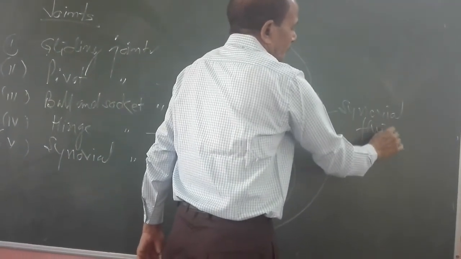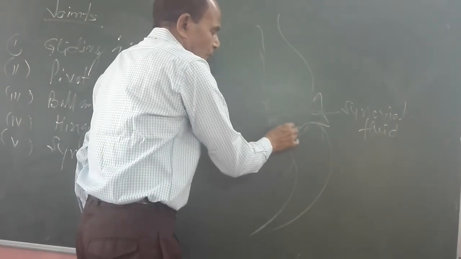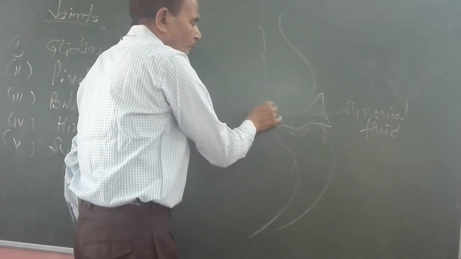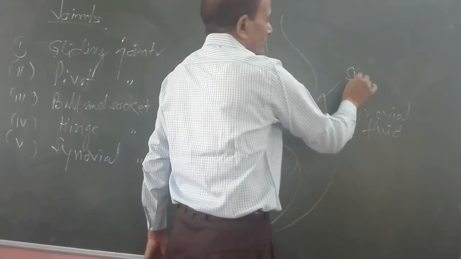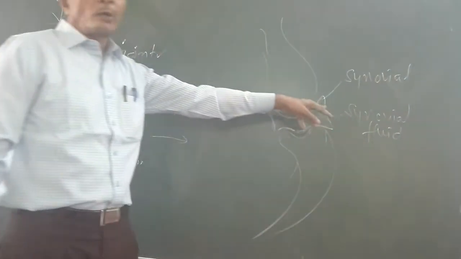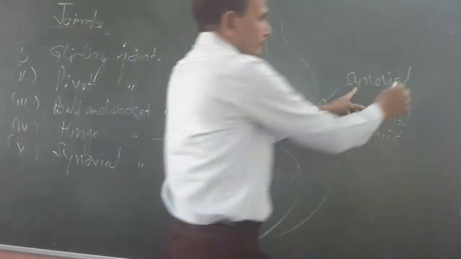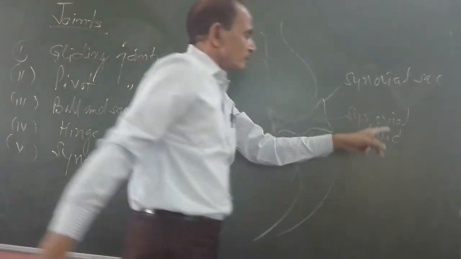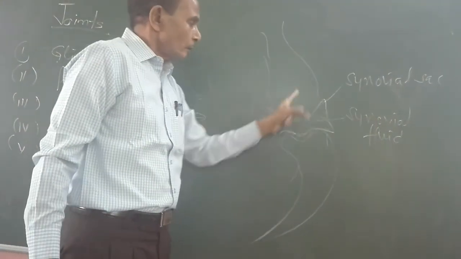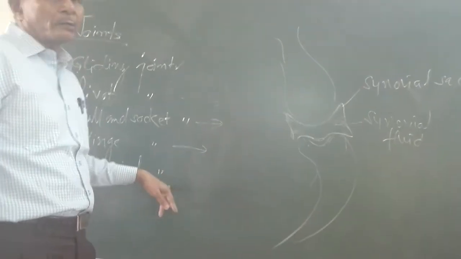This sac-like structure, which is contained in between the two bones, is known as the synovial sac. So, such type of joint in which there is a synovial sac filled with synovial fluid in between the two joint bones is known as synovial joint.